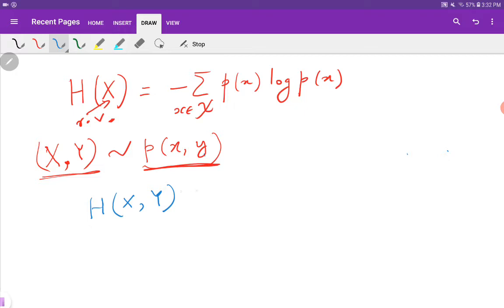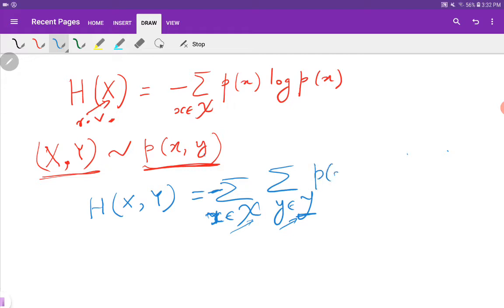It is defined as the sum over x belonging to cursive X and y belonging to cursive Y, these being the alphabets from which x and y take values, of the negative of p of x comma y log of p of x comma y.